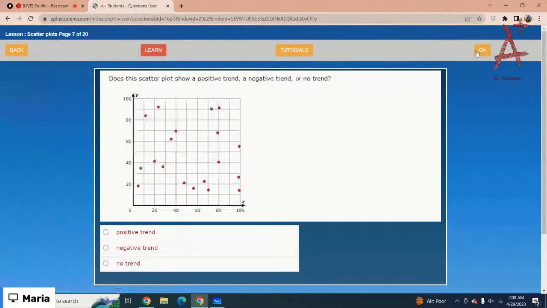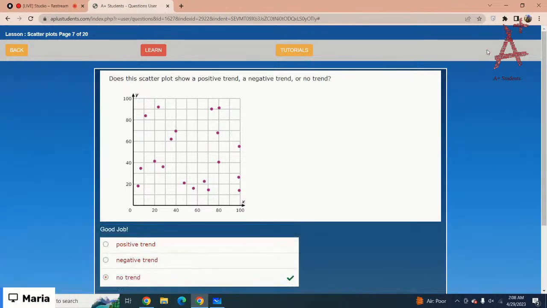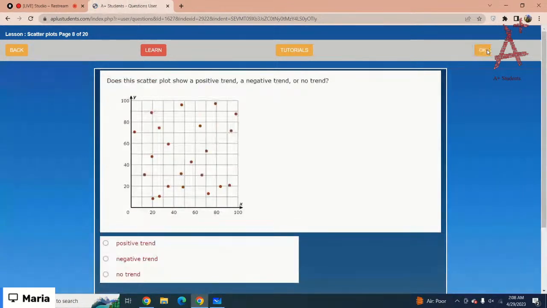Okay, the next one is, does the scatter plot show a positive trend, a negative trend, or no trend? It shows no trend. All the points are scattered, so it shows no trend. Does this scatter plot show a positive trend, a negative trend, or no trend?